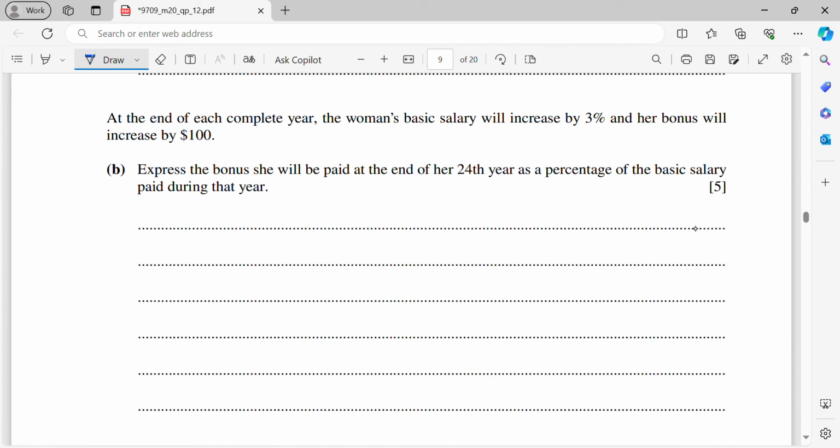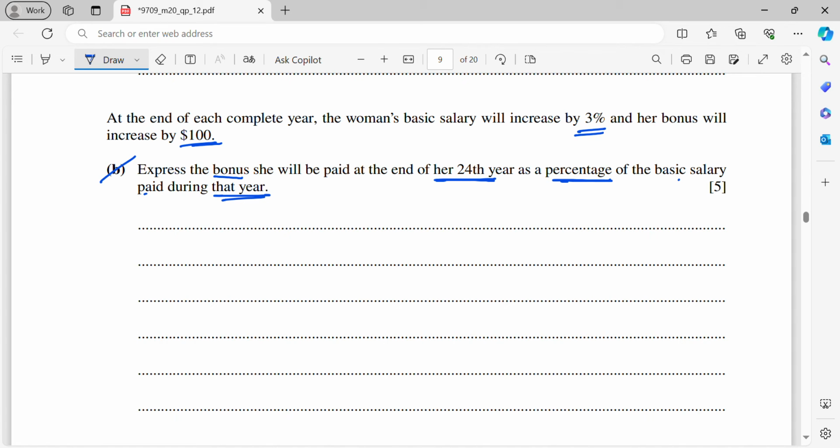Okay, now at the end of each complete year, the woman's basic salary will increase by 3% and her bonus will increase by $100. B, express the bonus she will be paid at the end of her 24th year as a percentage of the basic salary paid during that year.